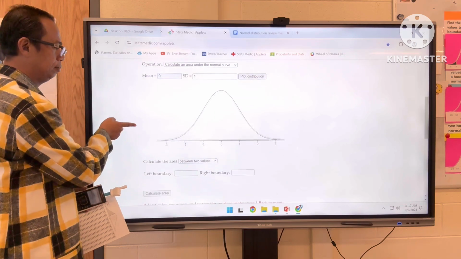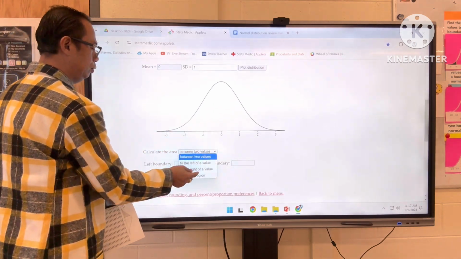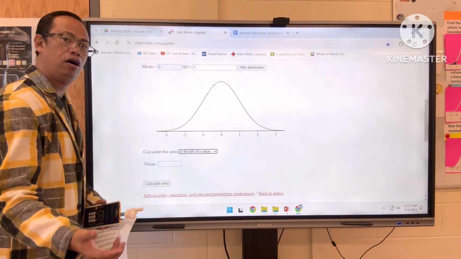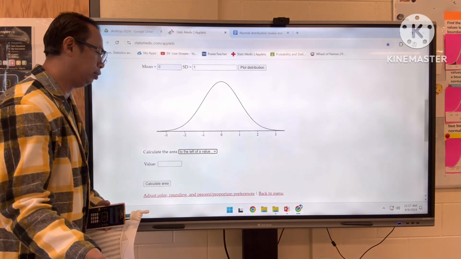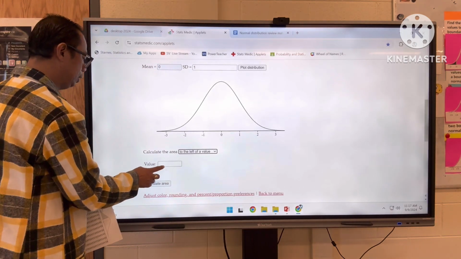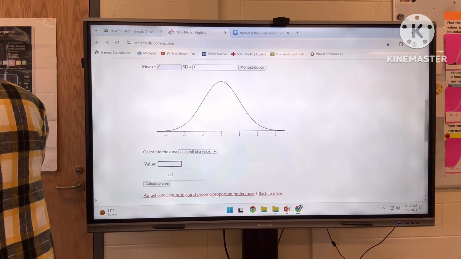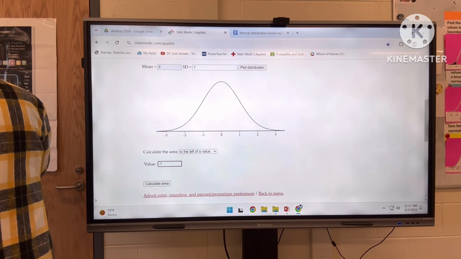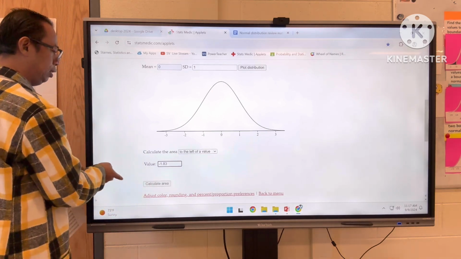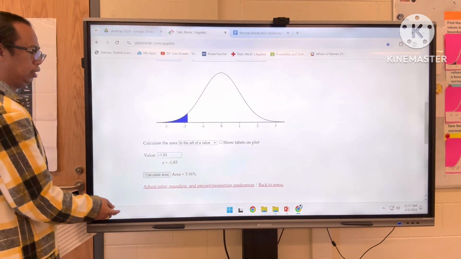And then you go over to the left side, because we are now on the left boundary, no? So what is the value? Negative 1.83. Okay, negative 1.83, and then you just click calculate.